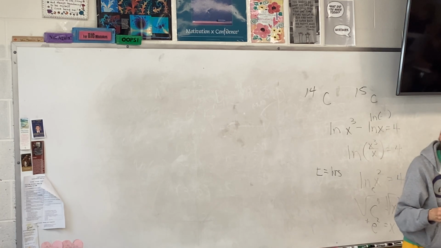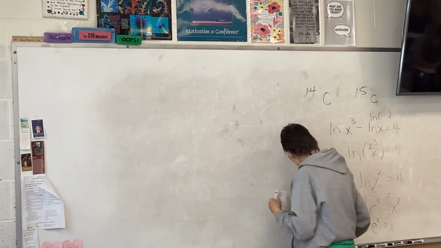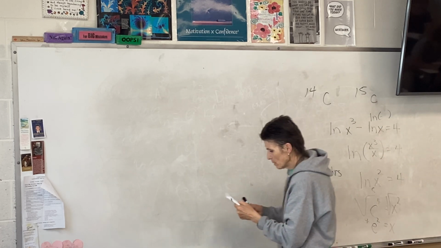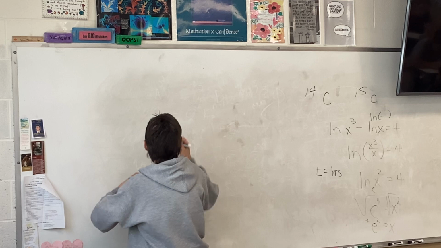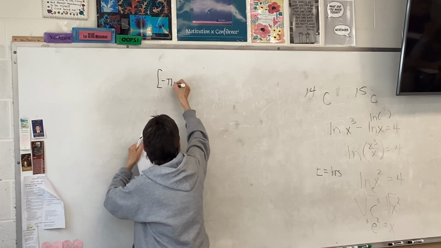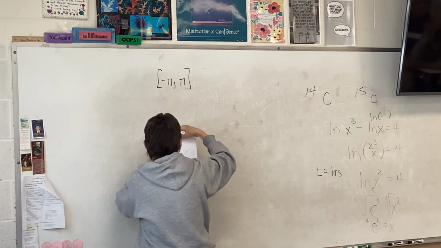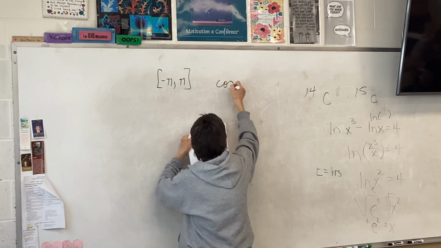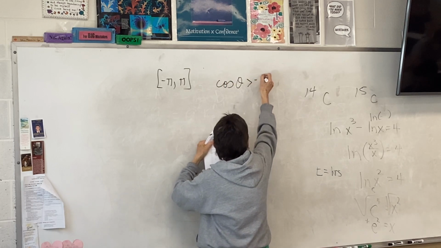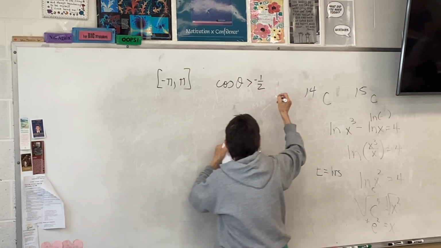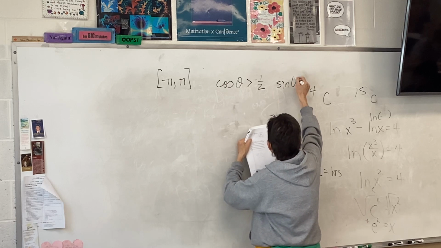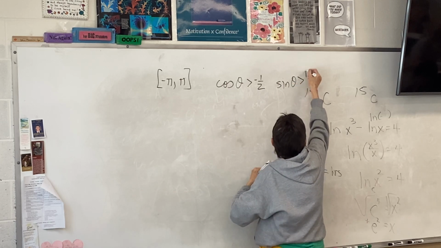Okay. Now, the next one, we want to find all the values. Be careful between negative pi and pi. That's different than usual. Where cosine is greater than negative 1/2 and sine is greater than root 3 over 2.